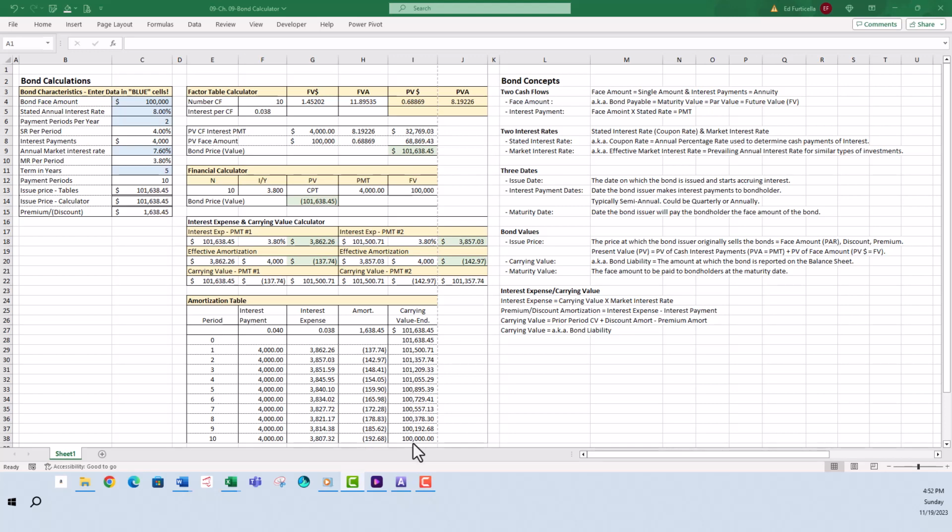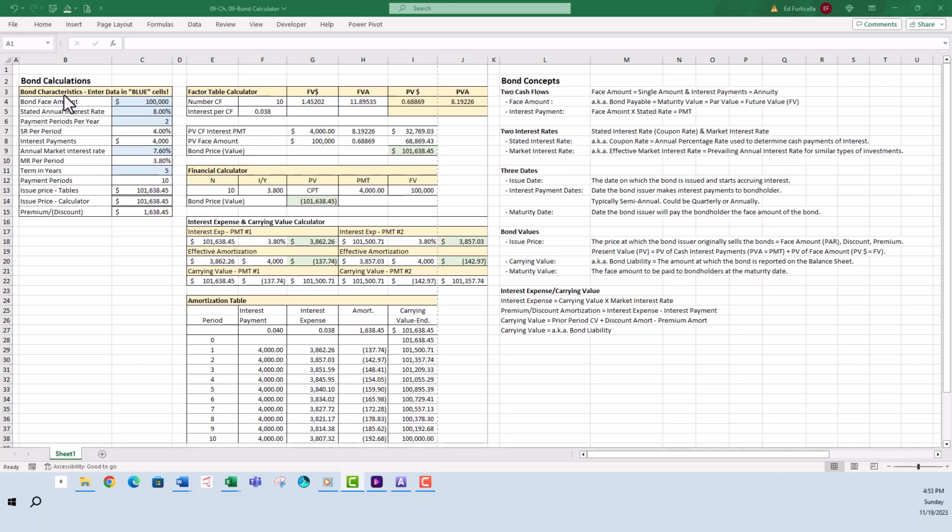When the bond matures, the amortization table's carrying value will equal the bond's face amount, in this case $100,000. At that point in time, the company will return the face amount to the bondholder and the liability will be zero.